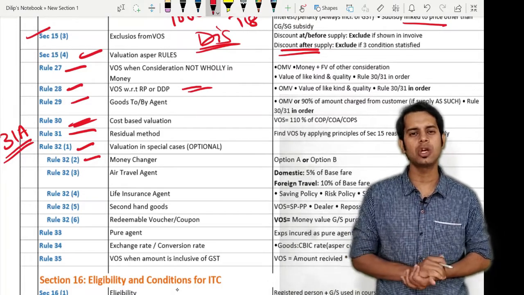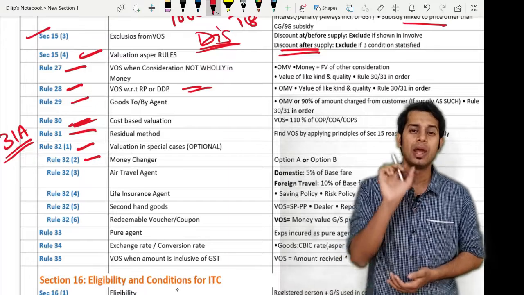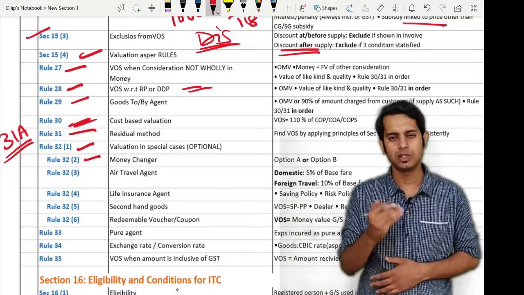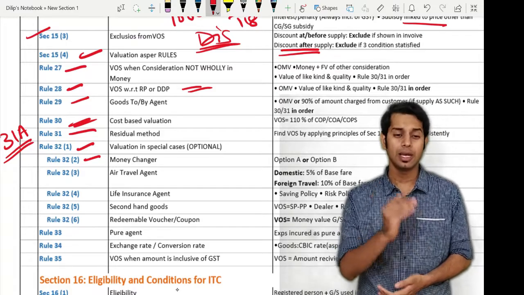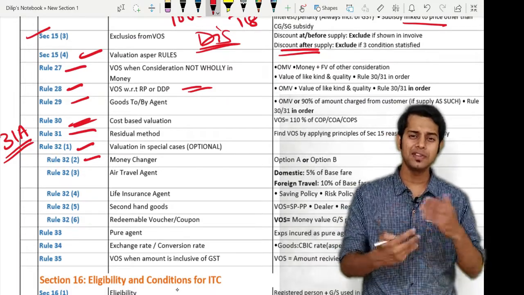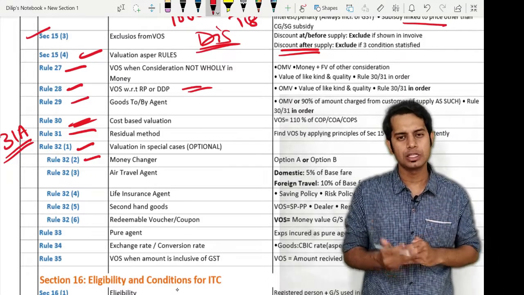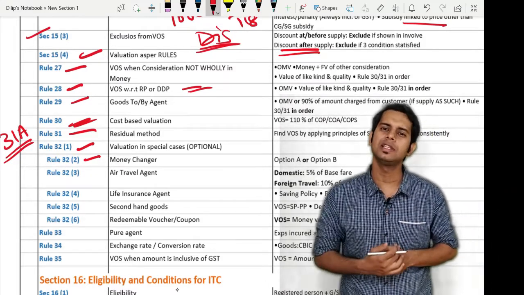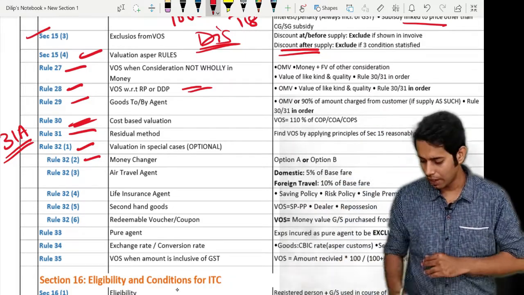If RBI rate is not specified for the currency which is exchanged, then rupee value of the currency exchanged into 1% will be value of supply. Now, if the currency which is exchanged does not involve Indian rupees at all, then find the rupee value of currency which is bought, find the rupee value of currency which is sold, then whichever is less into 1% will become value of supply.